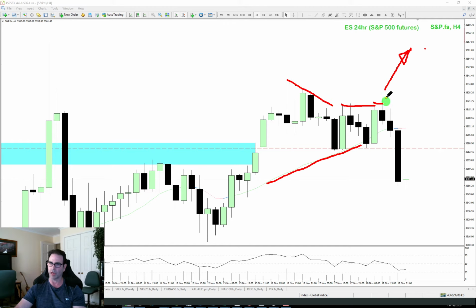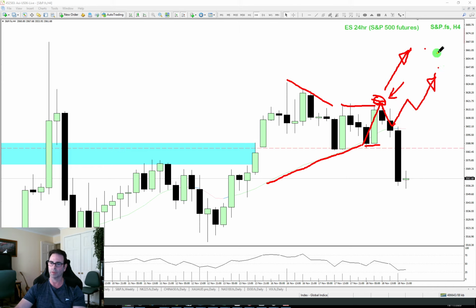So we had a break of the pattern, so short-term traders would be taking this, but then all of a sudden, now we've got a pullback inside this, which is okay. Often we will get a pullback into this leg and then it moves off.